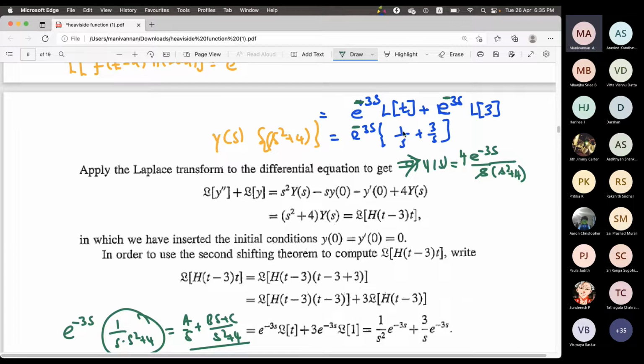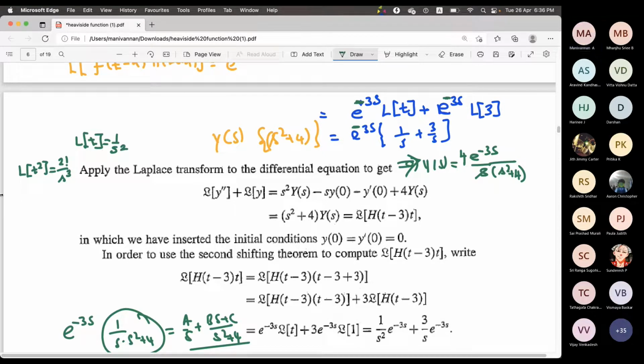For this 1 by s, am I right? What is the Laplace transform of t? 1 by s? No, a constant means constant by s. For t, here it is s square.